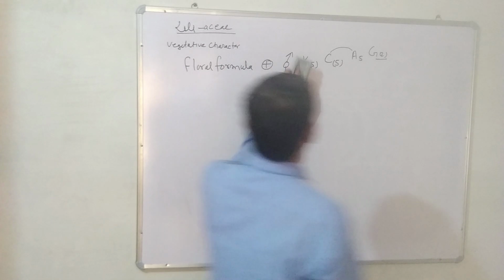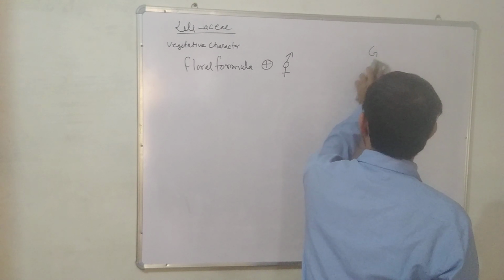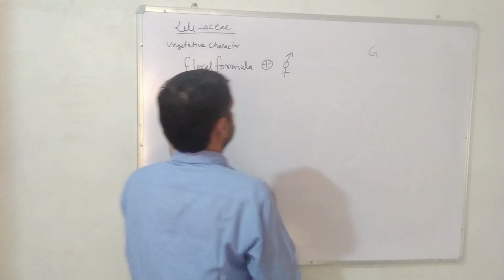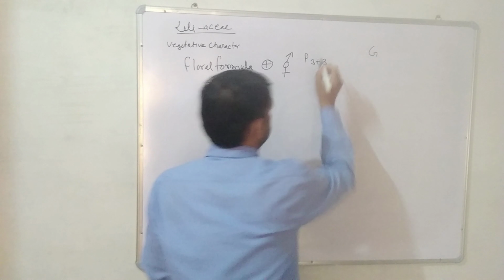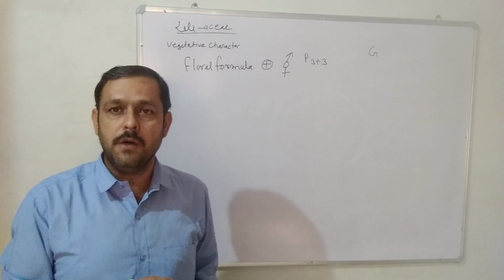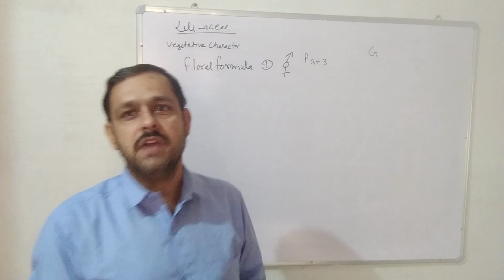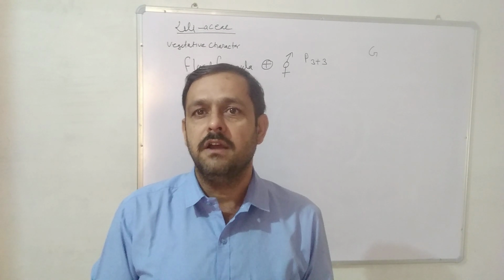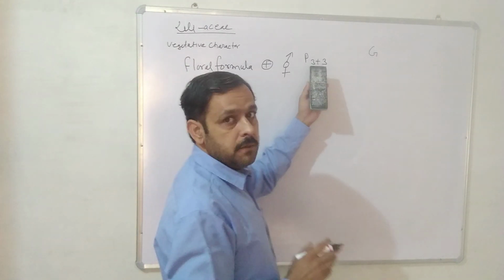So here in the floral formula we write actinomorphic, bisexual, and perianth 3 plus 3, meaning 3 of calyx and 3 of corolla, but they are called tepals because each part of the perianth is called a tepal.